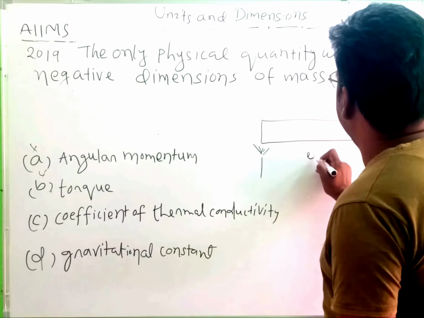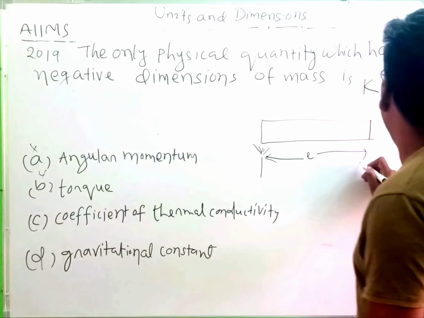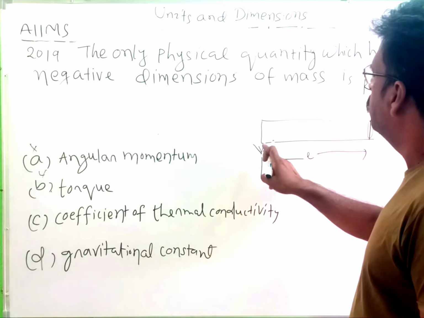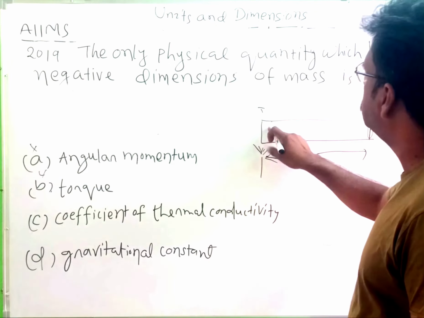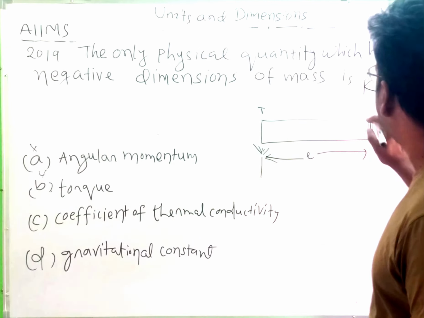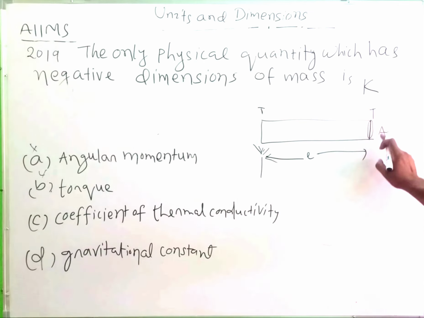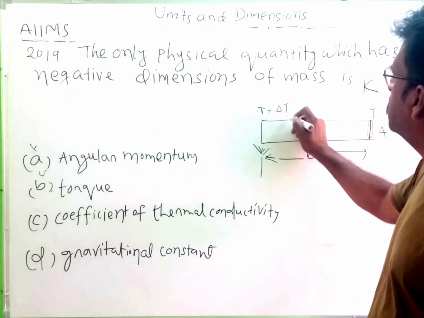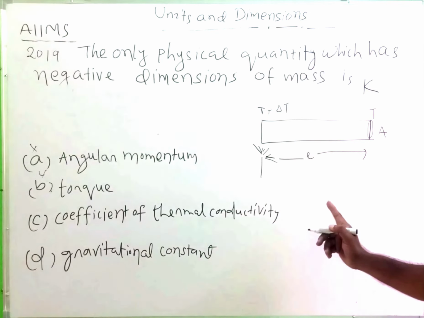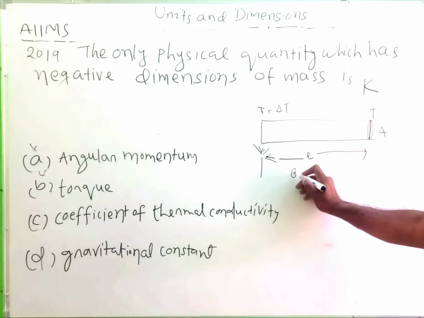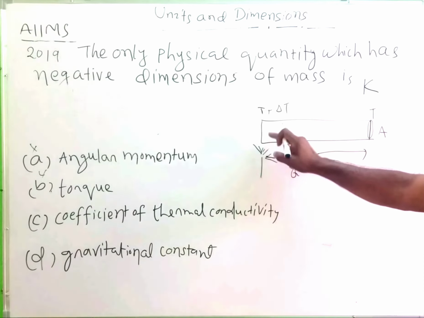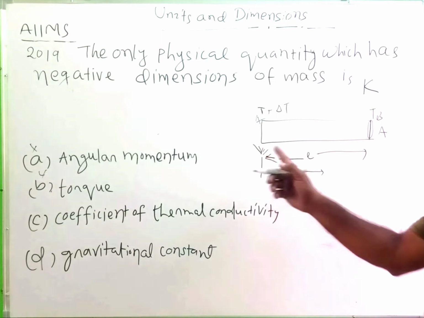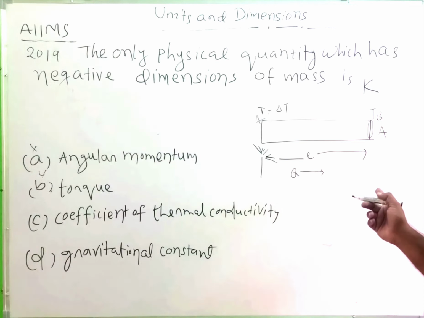This thermal slab has length L, and suppose this is the cross-sectional area A. The temperature here is T, and when we heat it, it becomes T plus delta T, and due to this temperature difference, heat will flow from this position A to this position B. Student, you know heat flows in the direction of the lower temperature.